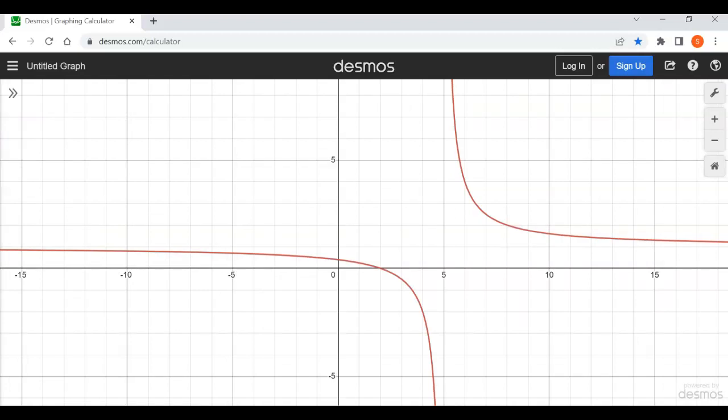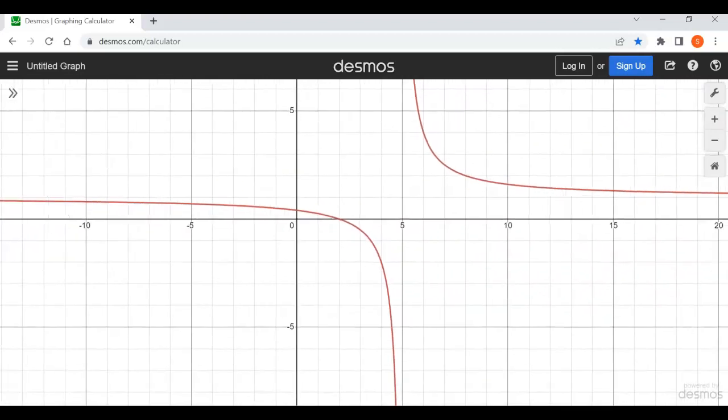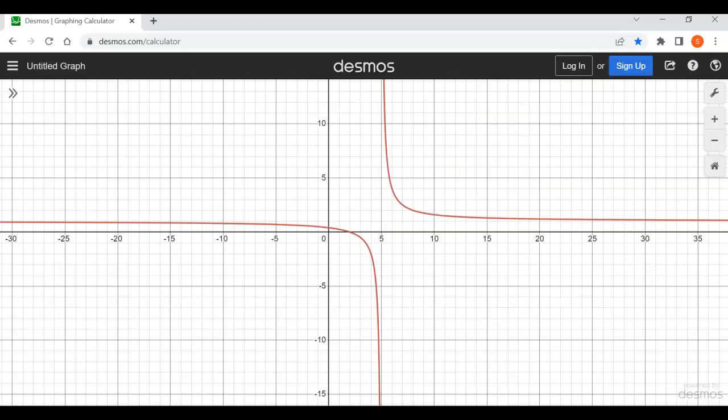Notice how, if I zoom out a little bit, it's almost disconnected. See how it's approaching but never reaching this horizontal line, and we'll talk about horizontal next. And then here, the up and down: the graph gets closer and closer but never reaches where x is equal to 5.